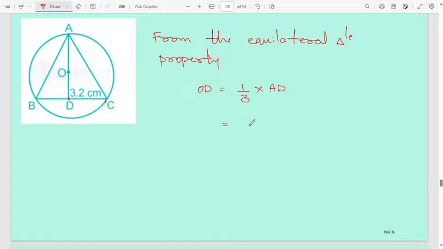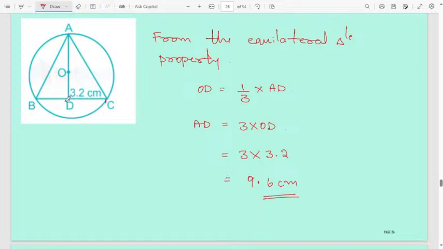Then AD will be equal to 3 into OD. OD value is 3.2 centimeter, so 3 into 3.2 multiplied, you will get 9.6 centimeter. This AD length is 9.6 centimeter.